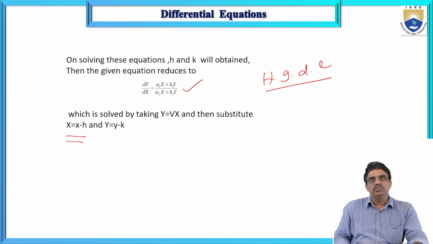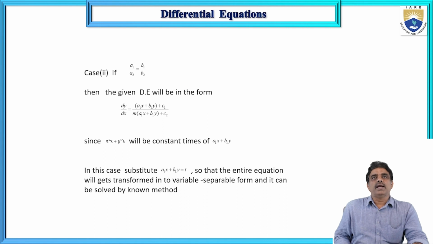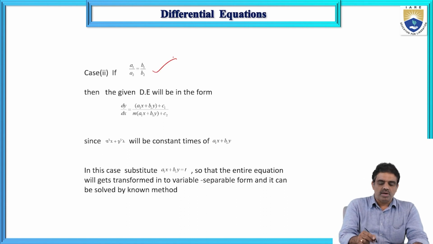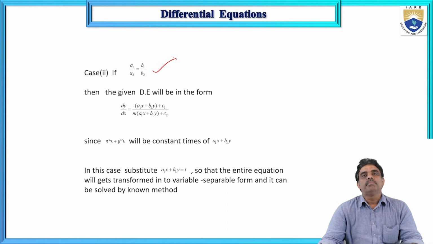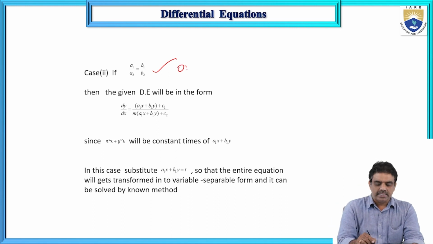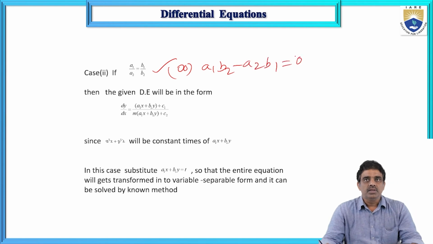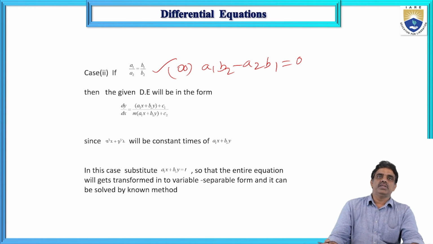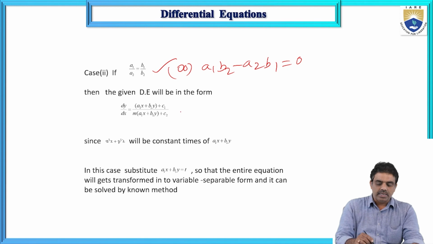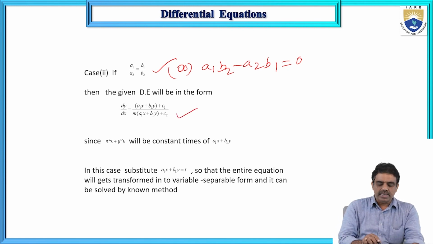Now what is case 2? If a1 b2 minus a2 b1 is equal to 0, or a1 by a2 is equal to b1 by b2, then our given differential equation can be written in this form: dy by dx is equal to a1x plus b1y plus c1 by a2x plus b2y.